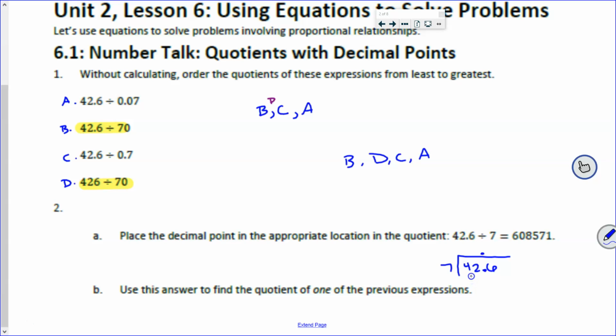But when we're using division, we don't change that decimal place. And I think that what Carter did is a great strategy. We don't know 42.6 divided by 7, but we do know 42 divided by 7. And so 42 divided by 7 isn't going to be 60 or 608 or any of that. It's going to be just a little bit more than 6. So 6.0571.